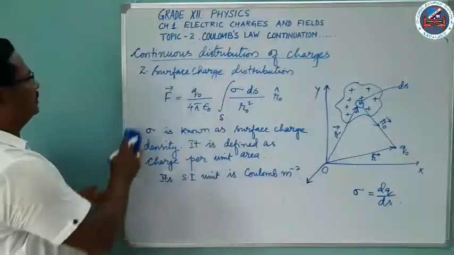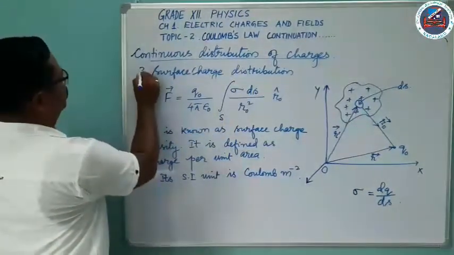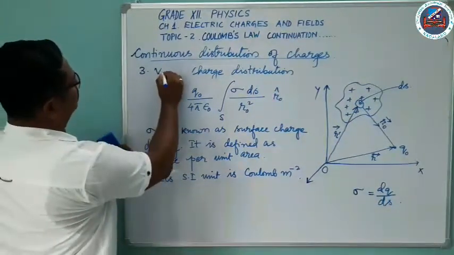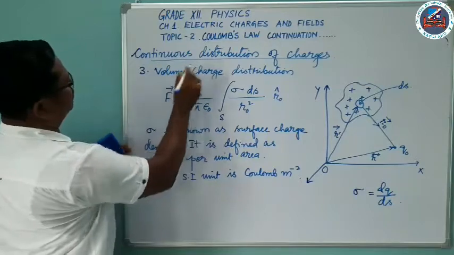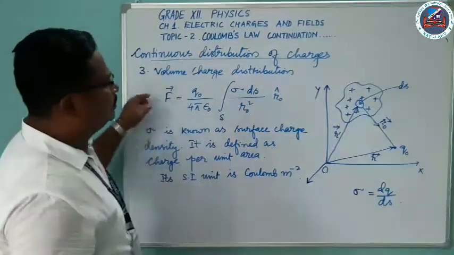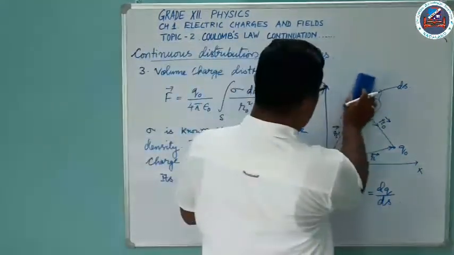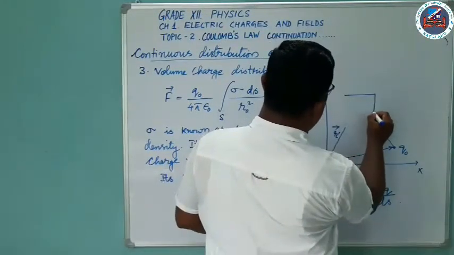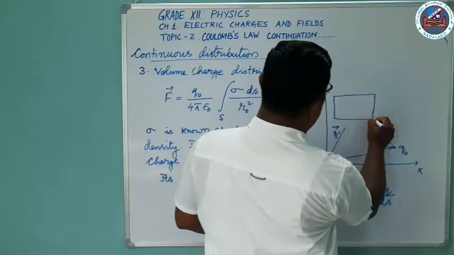The third one is your volume charge distribution. In volume charge distribution, your diagram will look like this. This is your three-dimensional object.